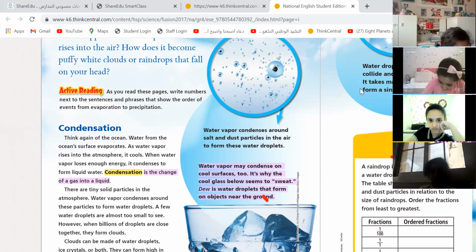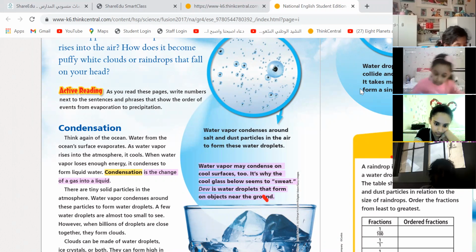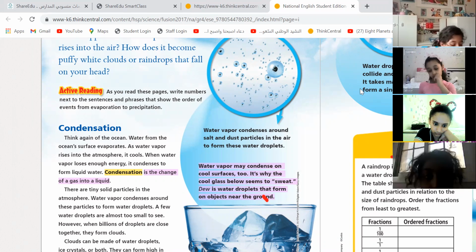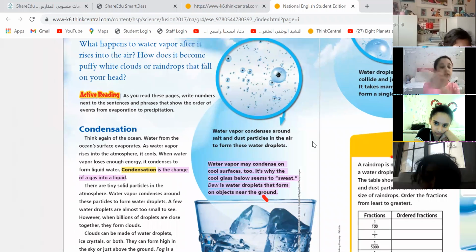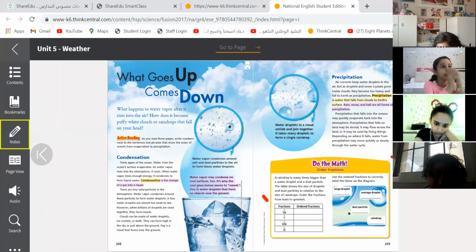No, when evaporation happens, the water vapor will form condensation if it touches a cold surface, okay? Because water vapor is really hot. So if it touches a cold surface, condensation will happen. And I think they will go on the cap that you put.